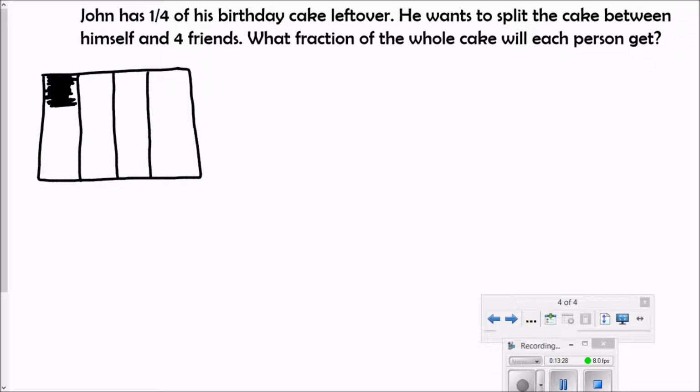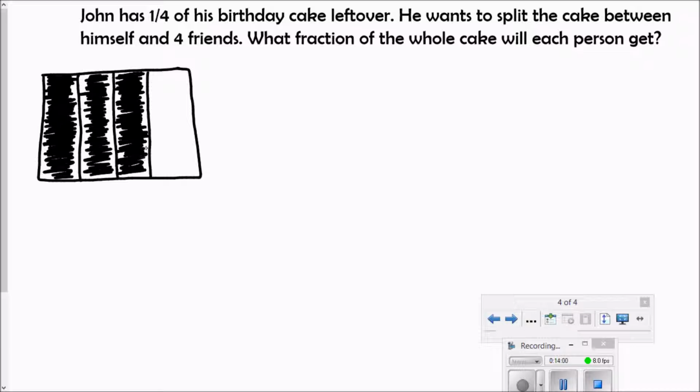Actually, I'll shade in 3 of the 4 and leave 1/4 blank. Alright, I'm not going to worry about filling those in completely, but let's go back and look at the problem.